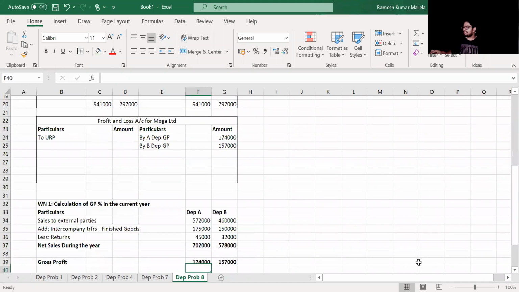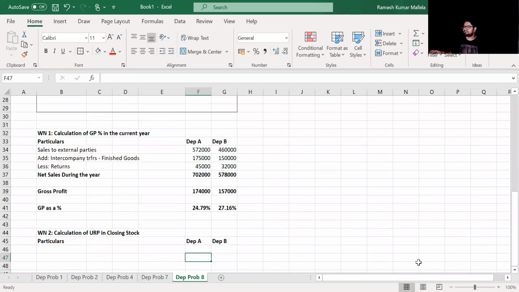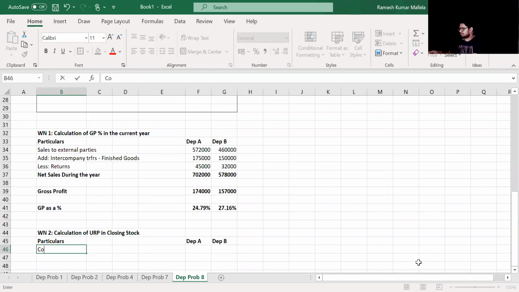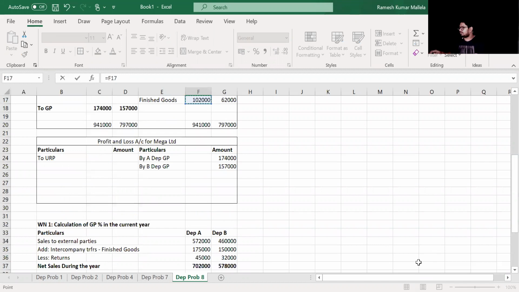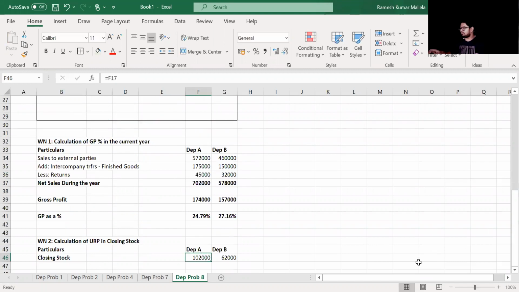So 1,02,000 is department A's closing stock. Closing stock is 1,02,000 and 62,000. Okay. Now 30% of above is equal to this into 30%.